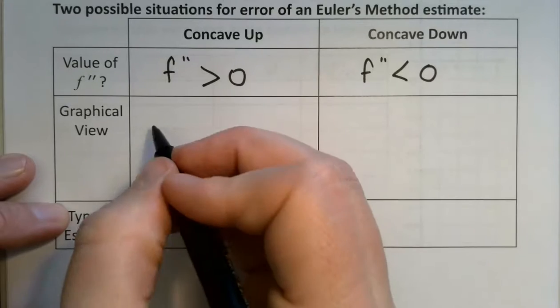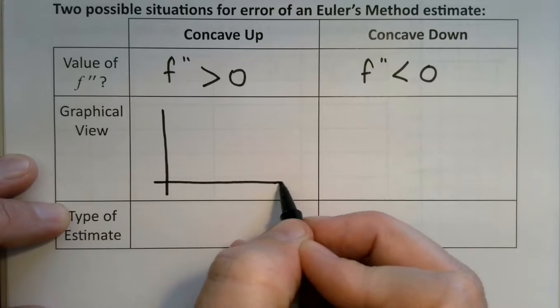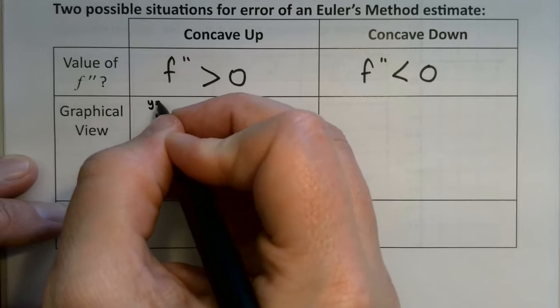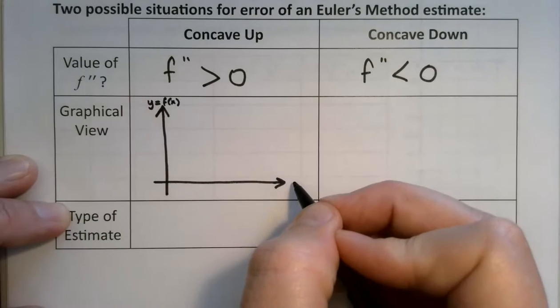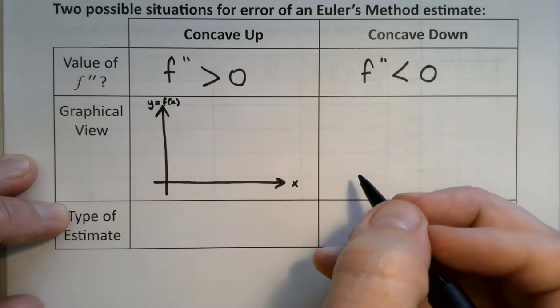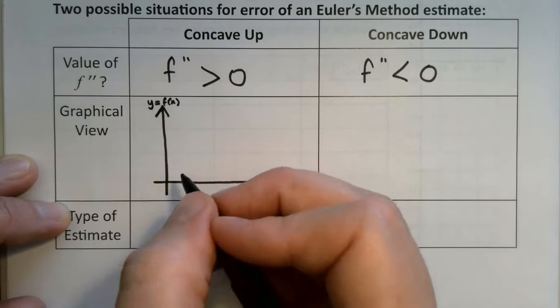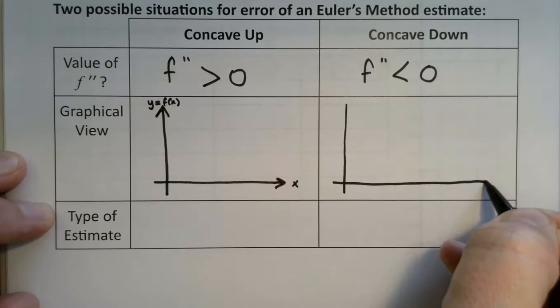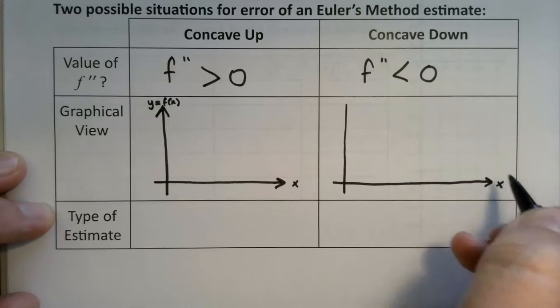But what that means in terms of a graph, if you imagine we're looking at a function y equals f of x versus x, we'd be able to tell what's happening to our curve by taking a look at this. And so I'm going to draw my axes for both of these here.